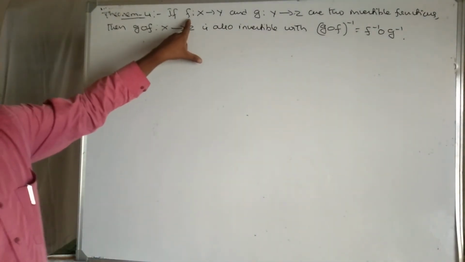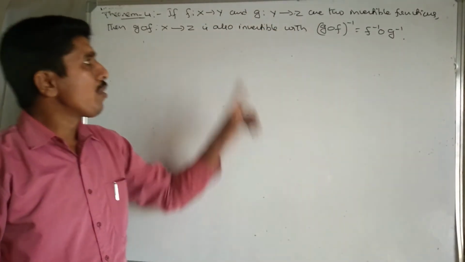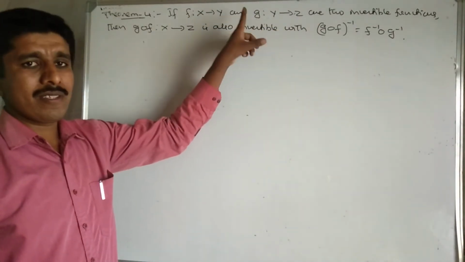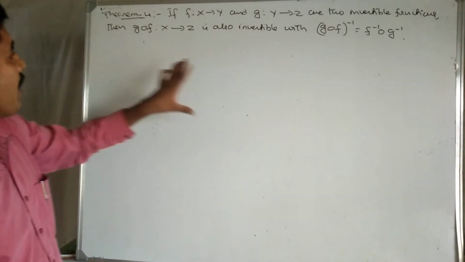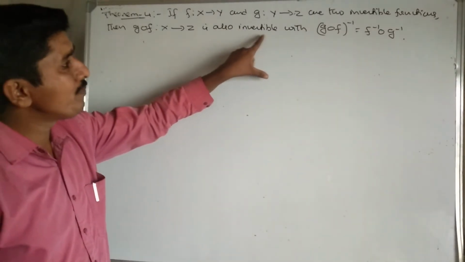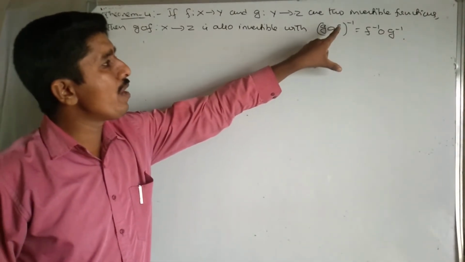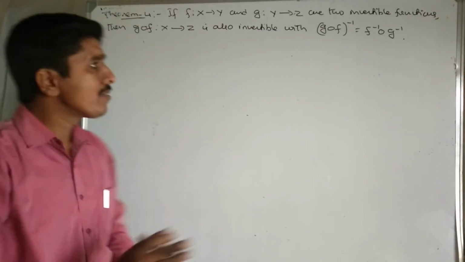So mind it, f from X to Y and g from Y to Z are two invertible functions. Both are invertible functions, meaning clearly both functions are one-one and onto. Then the composite function g∘f is also invertible with (g∘f) inverse equal to f inverse ∘ g inverse.